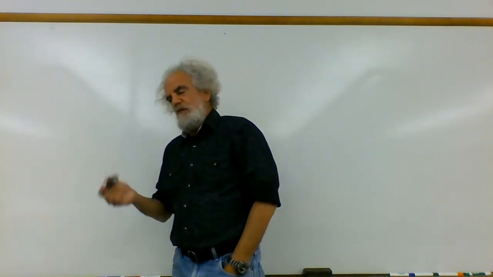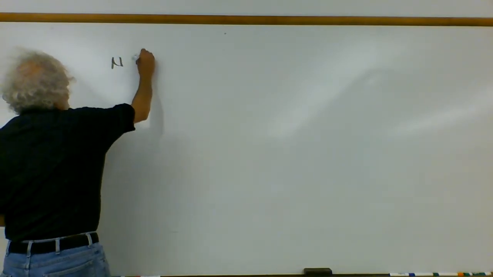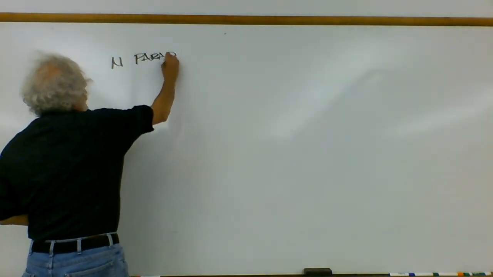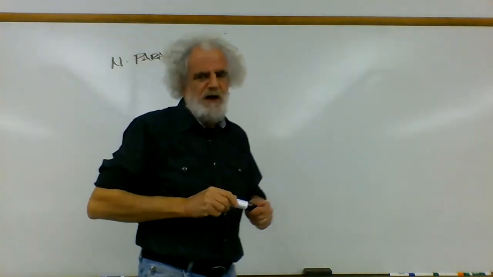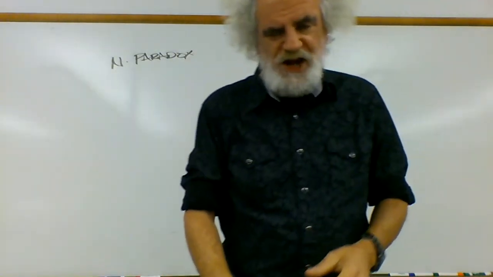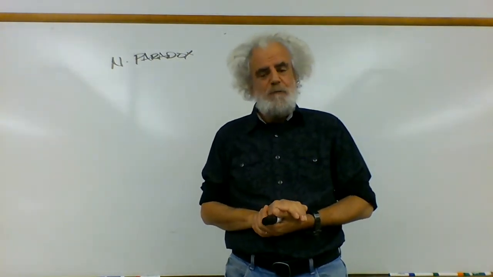And one of the things that we're going to be addressing today is something called the N paradox. And N is the abbreviation for the genome size, the number of bases in a genome.